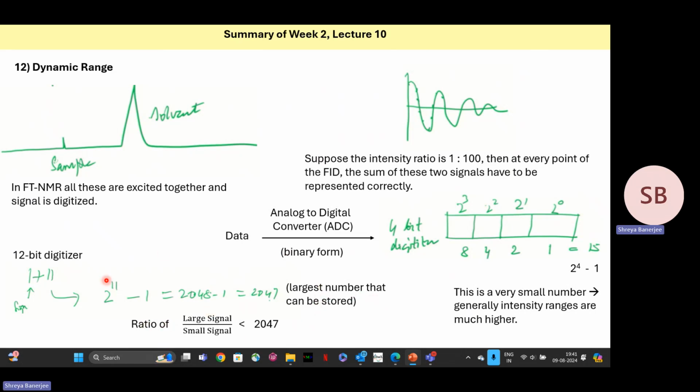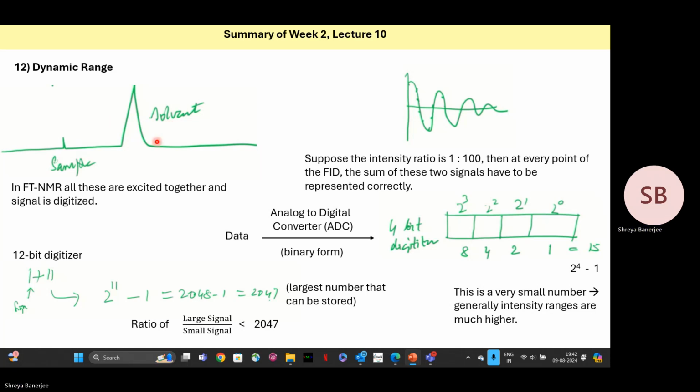The most commonly used one is called a 12-bit digitizer, and the 12-bit digitizer can store a number which has the largest value of 2047. So your ratio of the big signal to the small signal must be less than 2047. Otherwise, your data will not be able to store both signals.